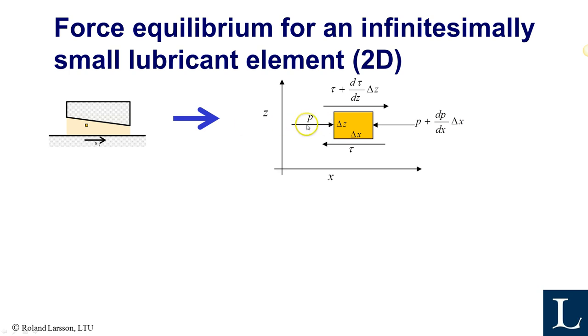So we have the pressure here, and on the other side of the element the pressure also acts, but the pressure may have changed slightly over that small distance delta x. And on this side of the element we have shear stresses. So we have the shear stress tau here, and that tau may have changed a little bit when we move in the z direction, like that.